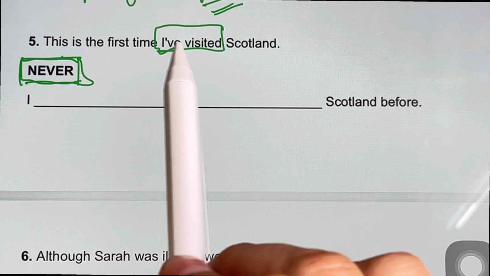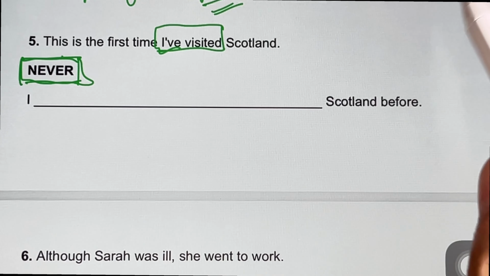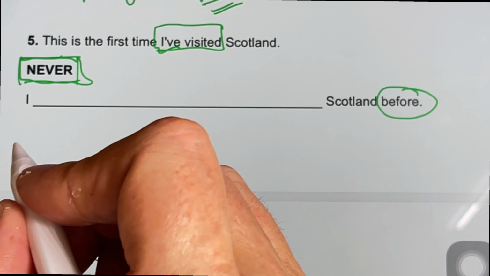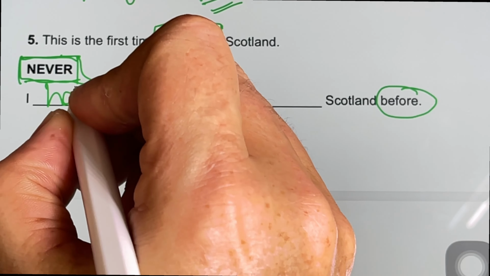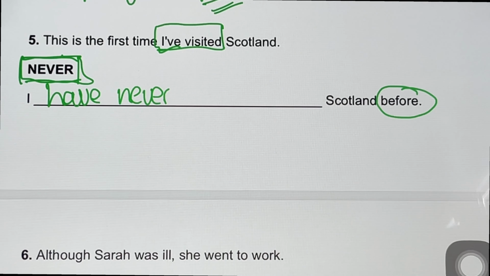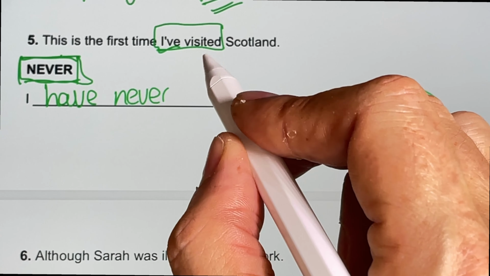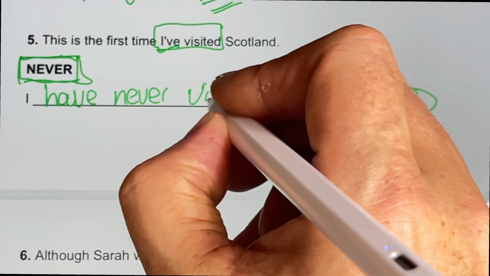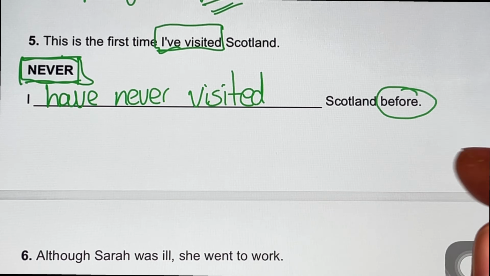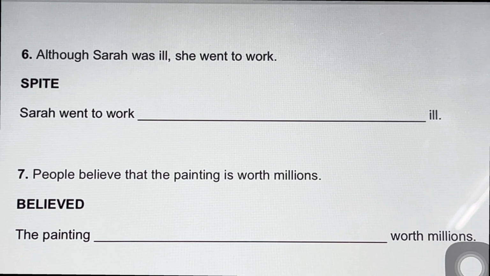So we need to change this one into a present perfect here, because it says "before". So we have to use "I have never". I have never what? I have never visited. So: I have never visited Scotland before. Easy peasy, very easy. Next one.